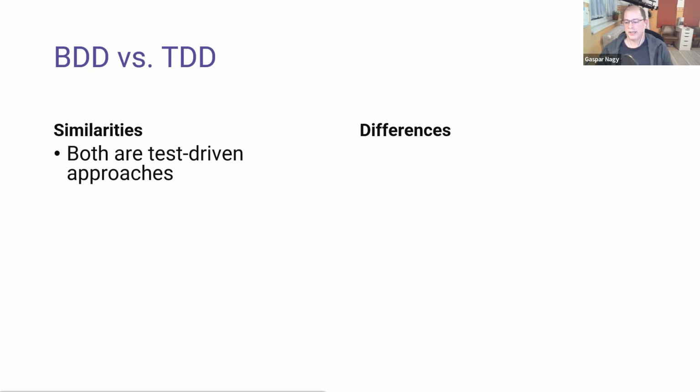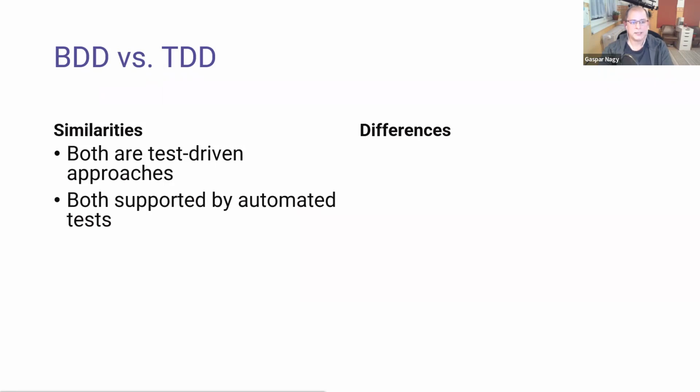Test-driven approach is a principle, a generally good idea that you can apply in different ways. And both behavior-driven development and test-driven development are practices that fulfill this principle, as you have probably seen also in the process thing.